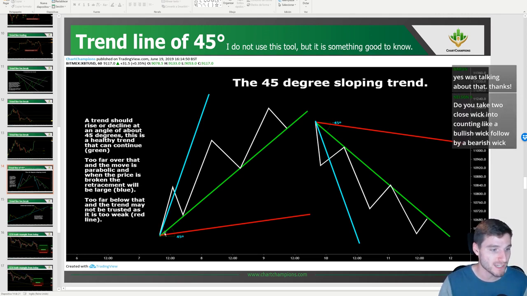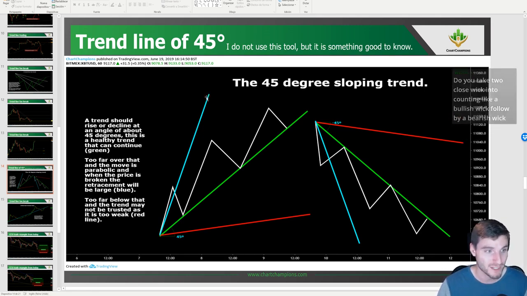That's obviously here taken in green, the 45 degree angle in green. If price is moving up and respecting this trend, one could say it's a healthy trend. If price moves above a 45 degree angle, e.g. in this blue line, well, that's a parabolic advance and the trend is not healthy and it can turn around, and if and when it turns around, it would potentially be a devastating move to the downside.